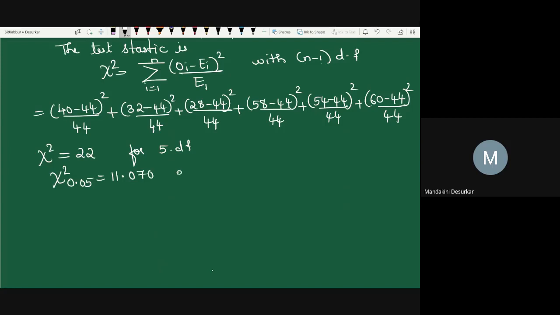Now I say chi-square is less than chi-square of 0.05, therefore H naught is accepted. Oh sorry, it is greater than, I have got 22, no?